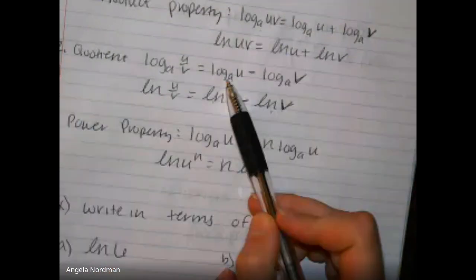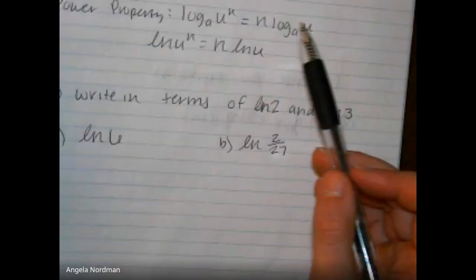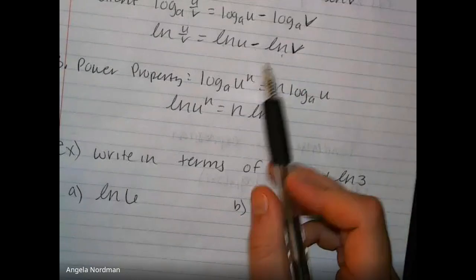Logs of the same base split up by subtraction, turn those into division. It follows through that if I ever have a number out in front of a natural log or a log, I can throw that number back up into the exponent. So all of these properties are reversible, I can go one way or the other. They're both equal.